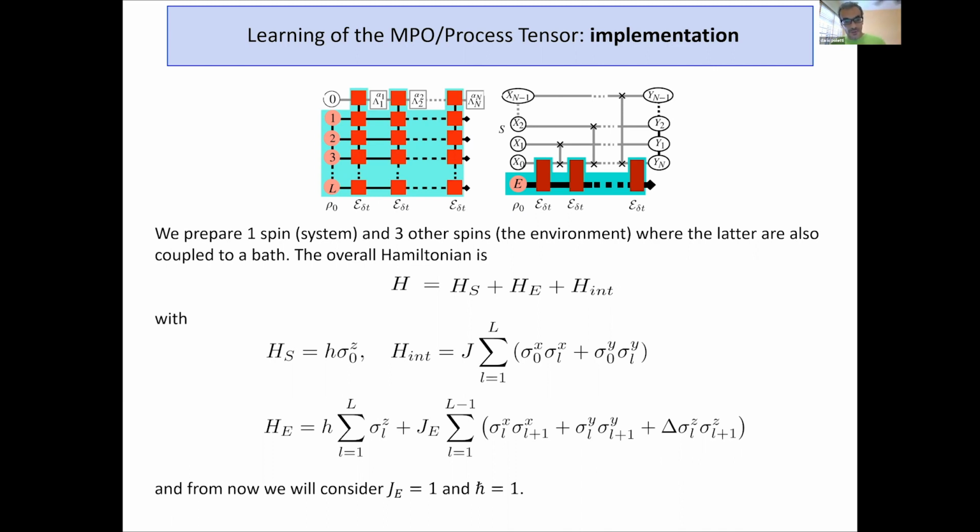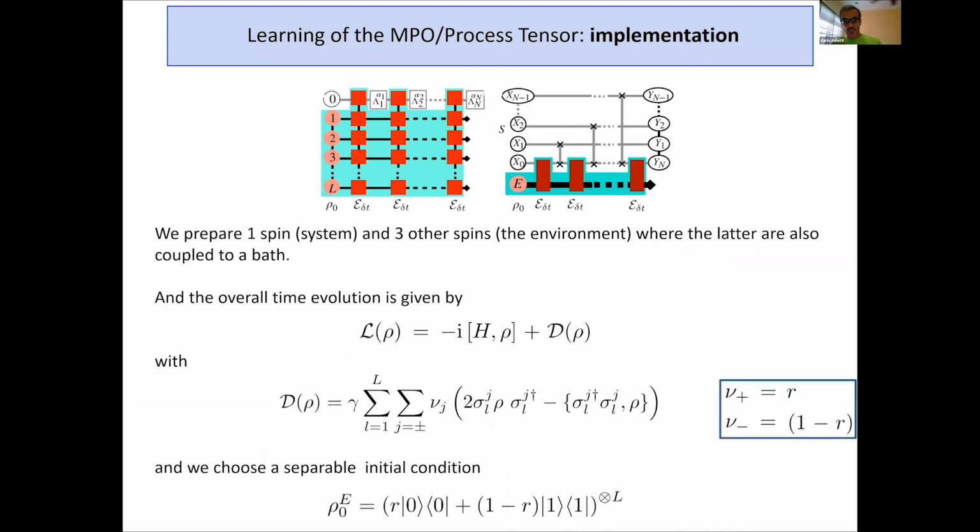And as I said before, we couple the environment only to a buffer. And for this, we decided to have a simple Lindblad buffer, which can try to fix the polarization of the environment spin. Okay, so it would try to fix with this parameter R how much the environment spin will tend to be down or up.